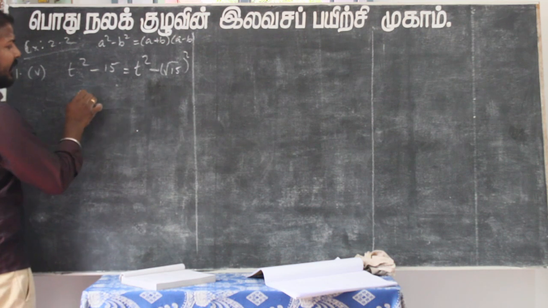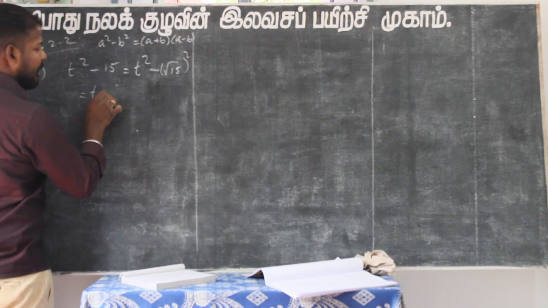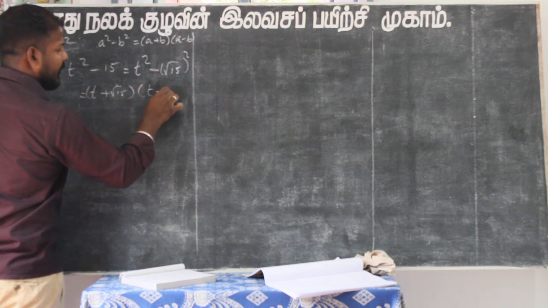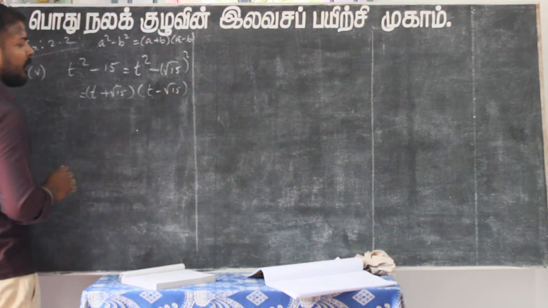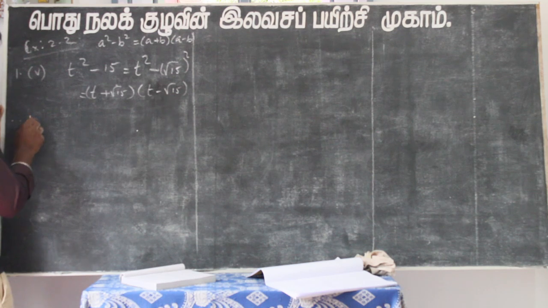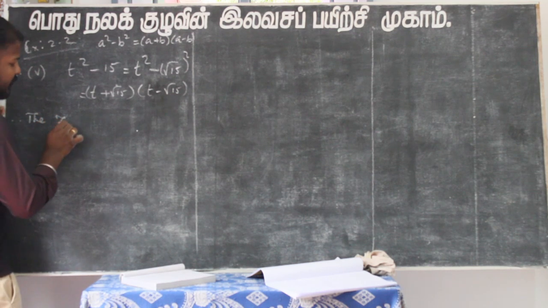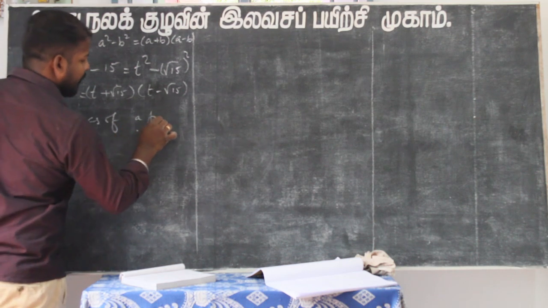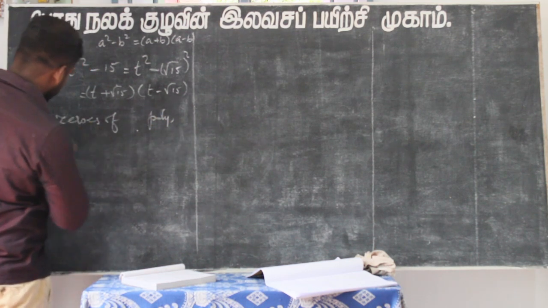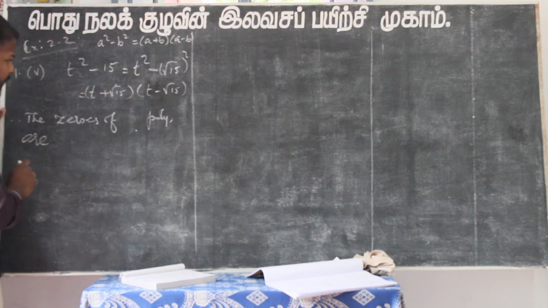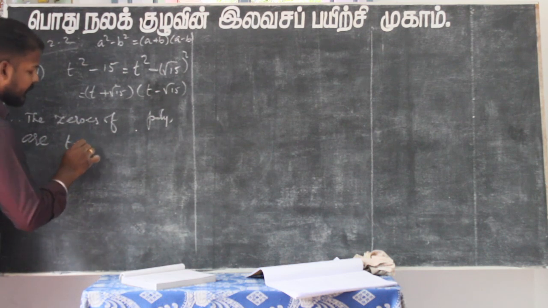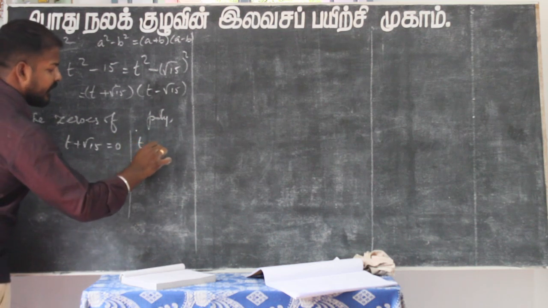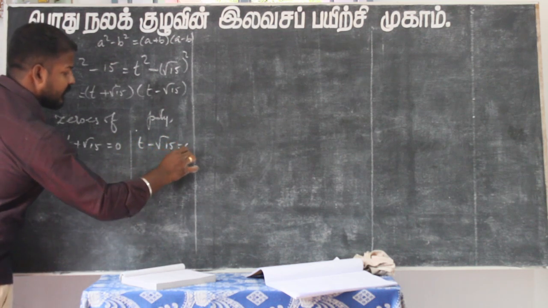So how can we write it here? It is equal to t plus root 15 into t minus root 15. Therefore the zeros of the polynomial are: first one, t plus root 15 is equal to 0, second one, t minus root 15 is equal to 0.